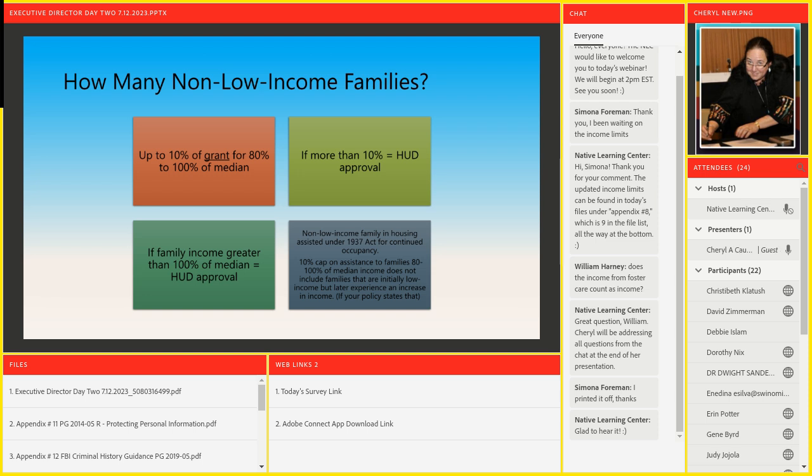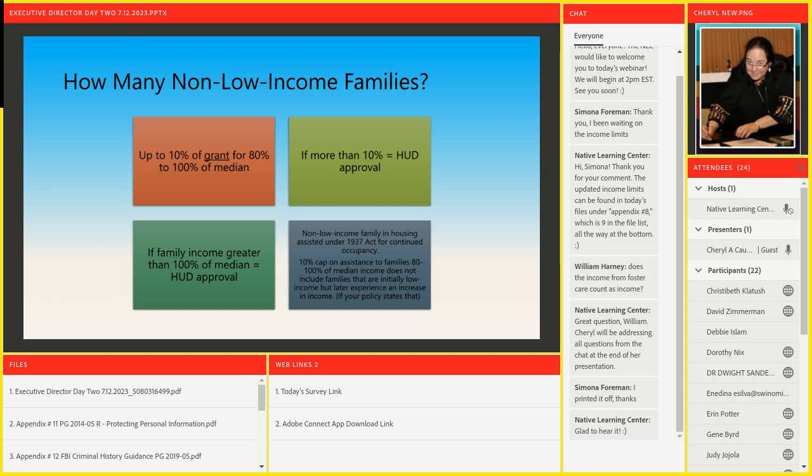What do you hope? Well, you hope that your tribal members will find success and more money comes into the household. And you can make a determination for your existing 1937 Housing Act tenants whether you're going to continue to service them.